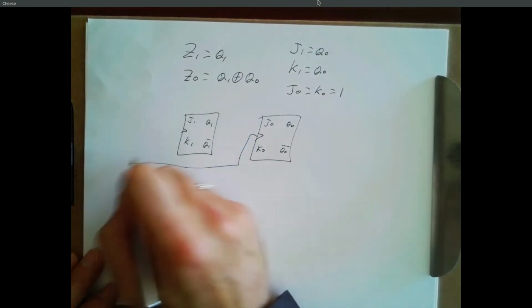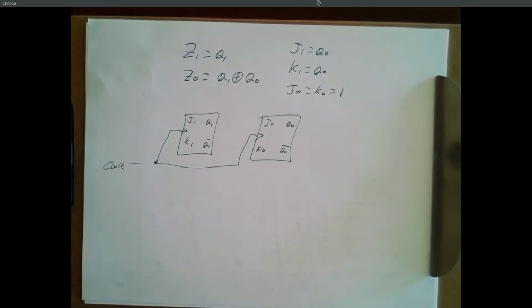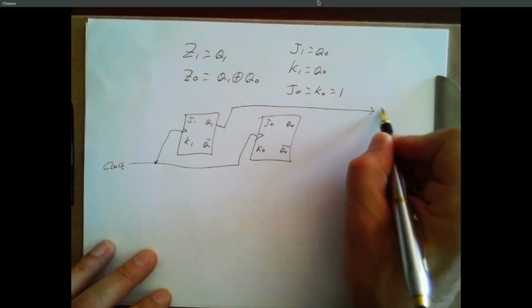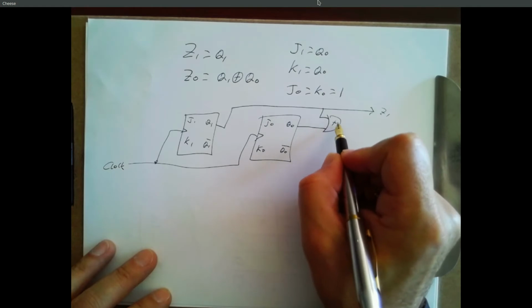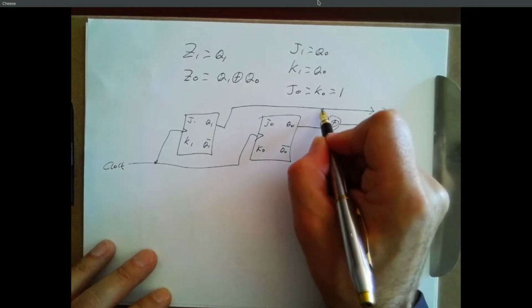So tie your clocks together. Z1 comes from here. Gets XOR'd with Q0 to get Z0.